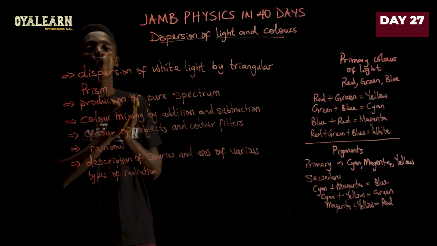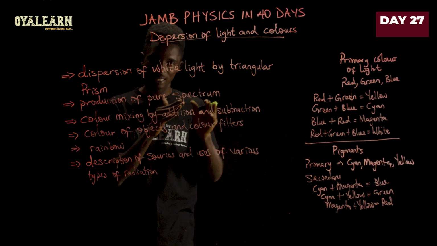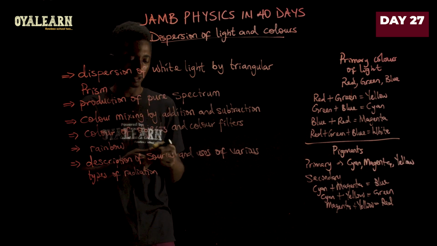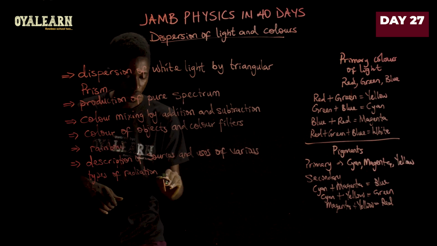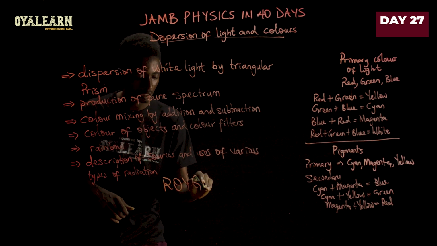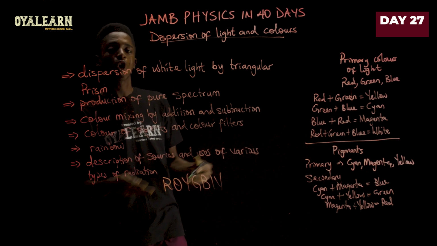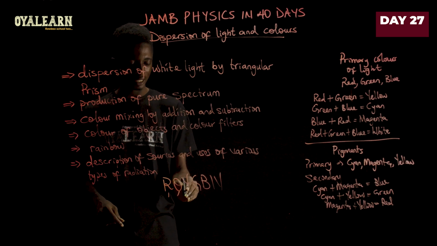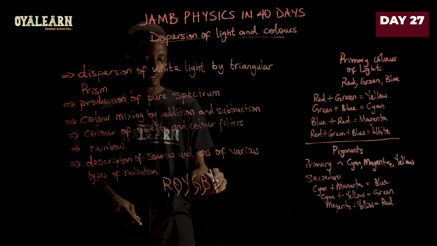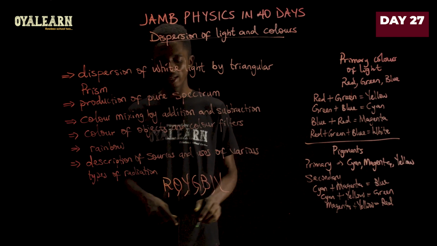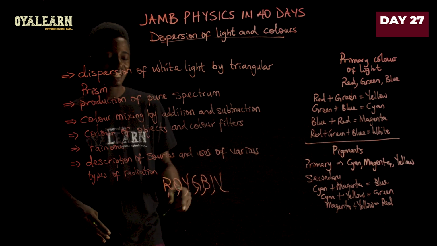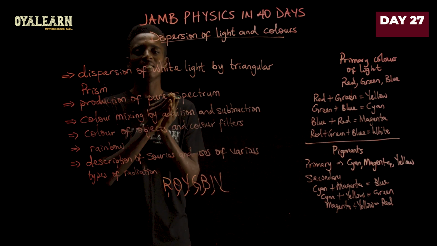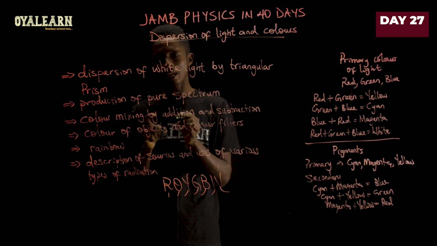The violet color is going to be bent the most. As a result, you now see that spread of colors giving you what we know as ROYGBIV, or the colors of the rainbow, where we have red, orange, yellow, green, blue, indigo, then violet. These are the different colors that are present in white light when it is refracted by a prism.